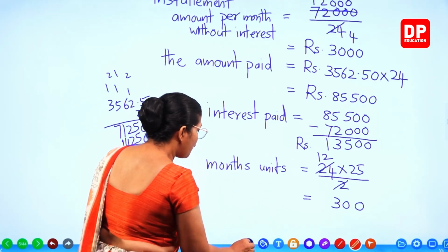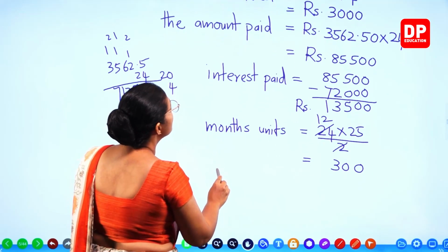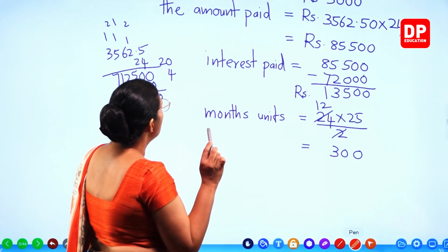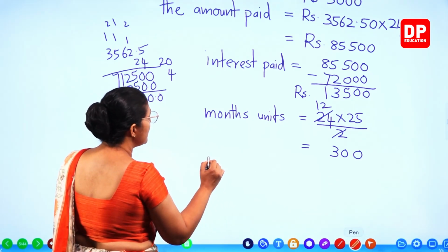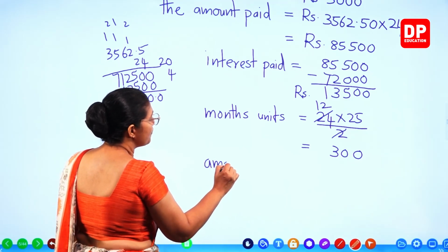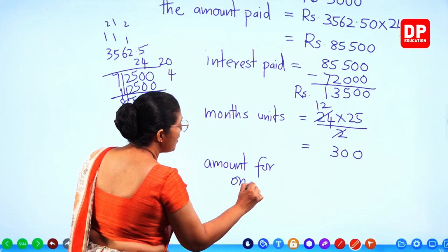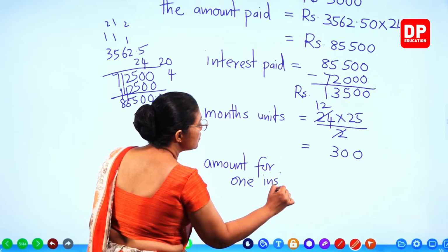Then how do we find the amount for one installment?